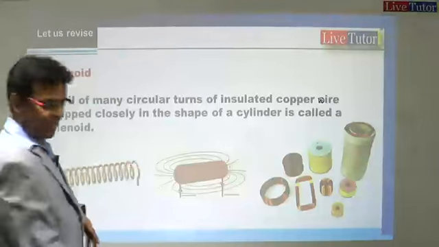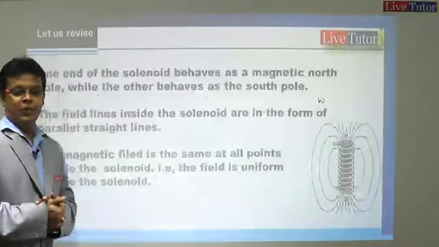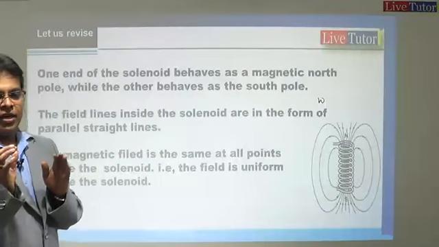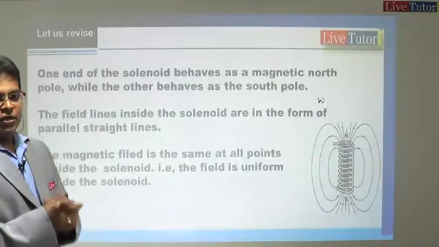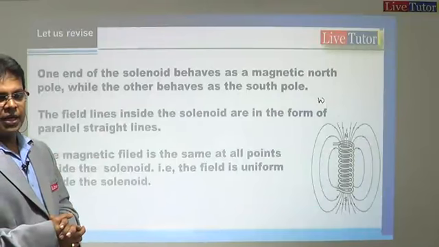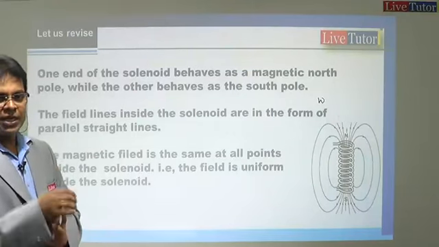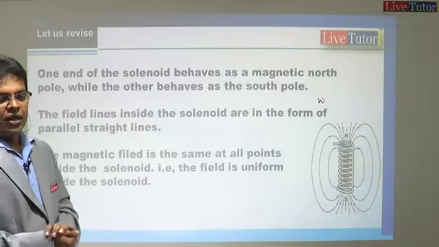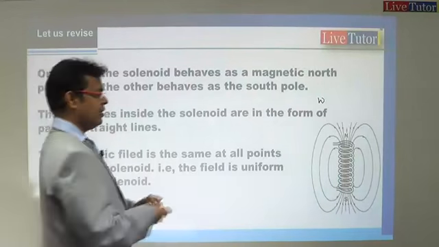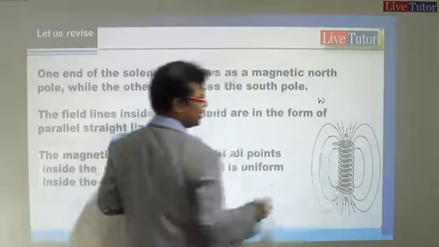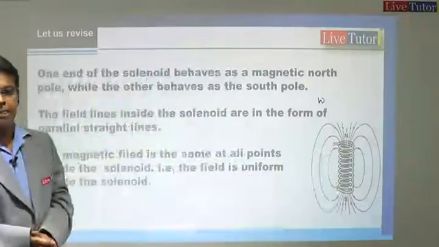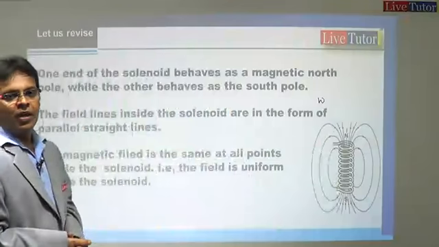Right. Now, the two ends of the solenoid are going to be connected with the battery so that the current will flow through it. When the current is flowing, each loop can be considered as a turn. Many turns are there, isn't it?